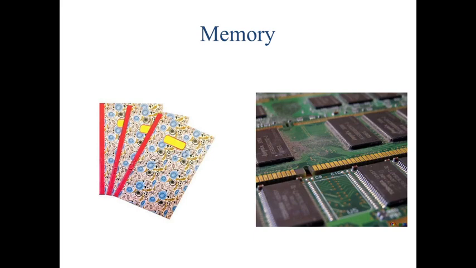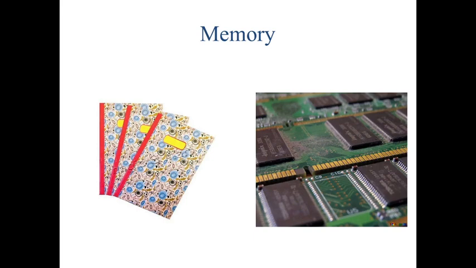Now let us talk about the next concept, which is memory. Memory is called a storage element in a microprocessor. Microprocessor has to perform certain tasks, and for that we have to instruct the microprocessor. We have to provide the instructions. So these instructions and some data, we have to store somewhere.